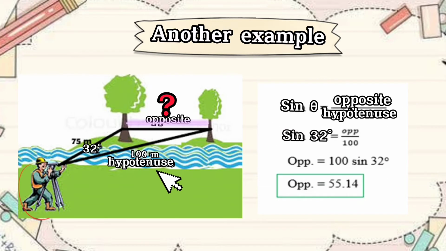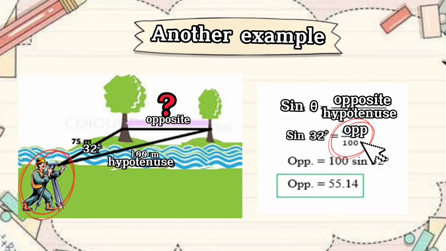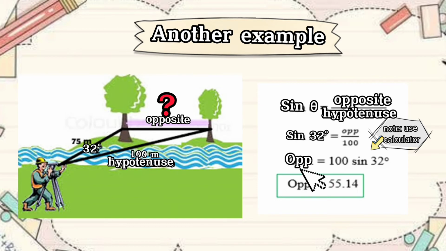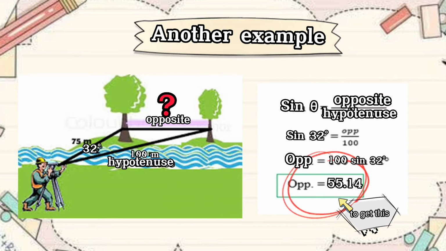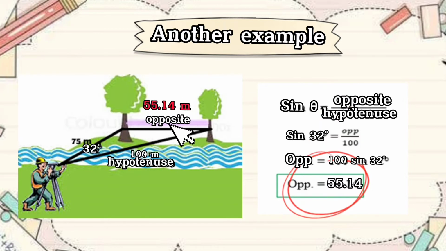Therefore, sine 32 degrees is equal to opposite over 100 meters. And to get the measure of opposite side, let us use the cross multiplication. So, magiging opposite is equal to 100 sine 32 and that is equal to 55.14. Thus, the distance between the two trees is 55.14 meters apart.